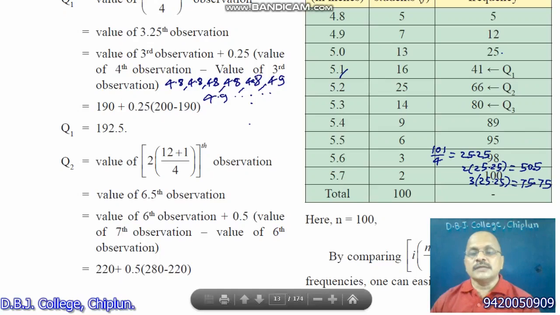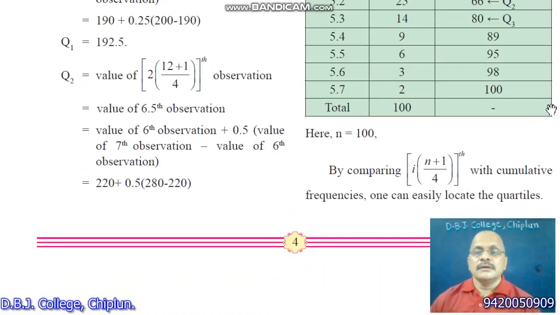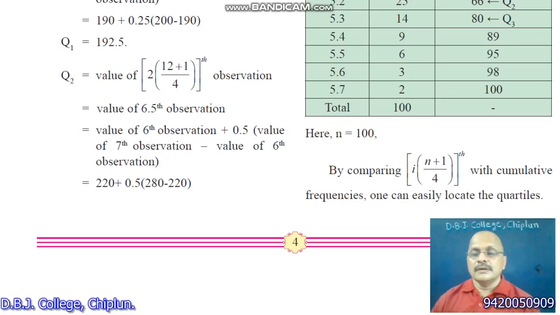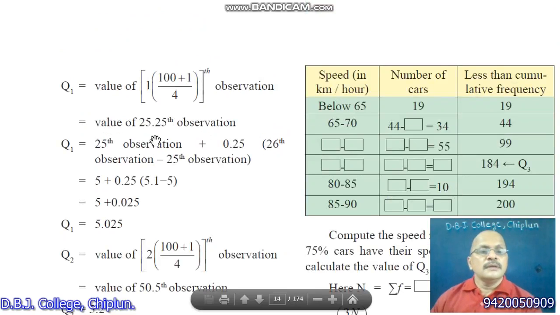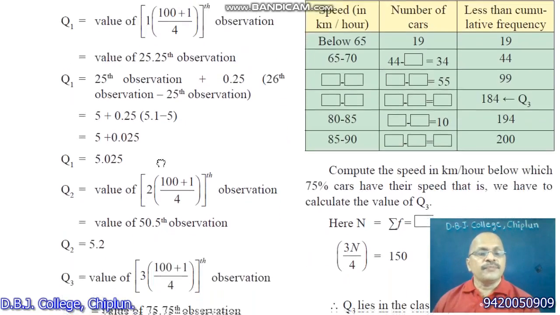So 5 plus 0.25 times (5.1 minus 5) gives you 5.025.